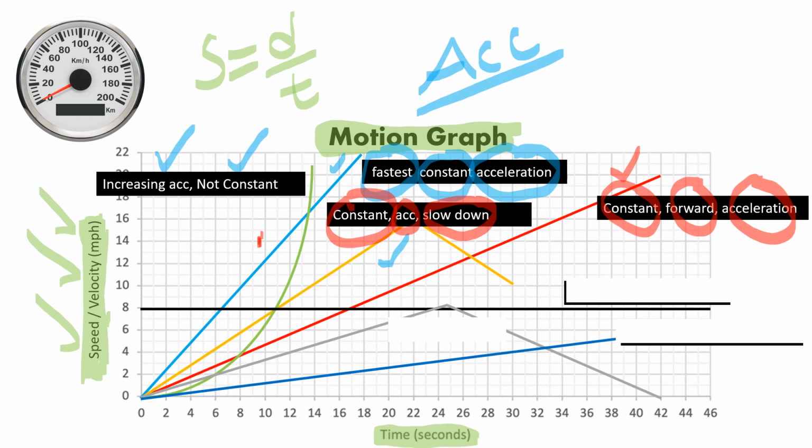All right, I need everyone to focus because this is how the state will trick you. Look at the black line. In a distance time graph, that means that the moving man is not moving. He's stationary. But in a speed graph, okay, this is the speed graph, that means that we are staying at 8 miles per hour.